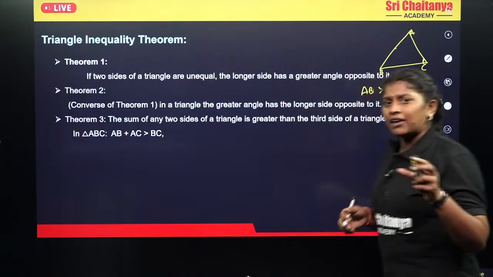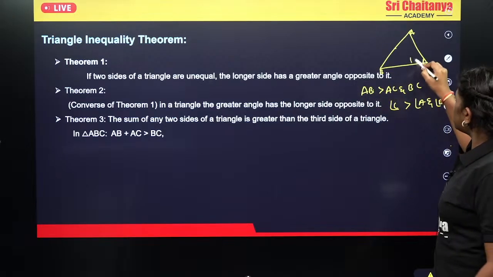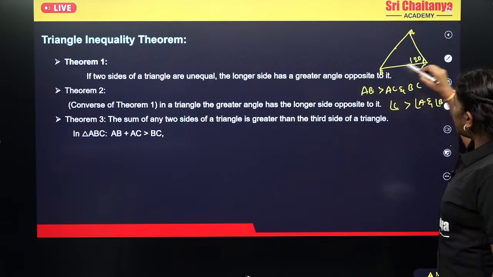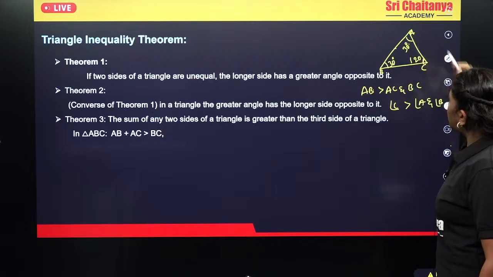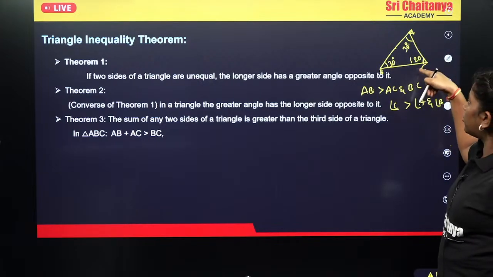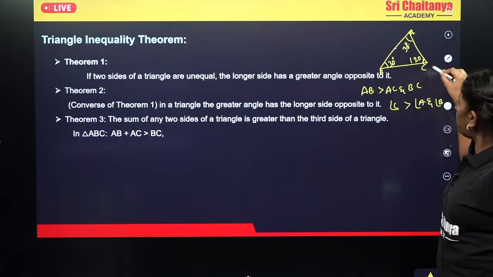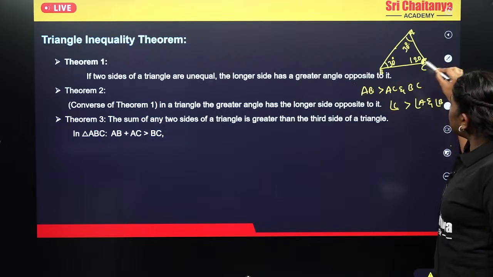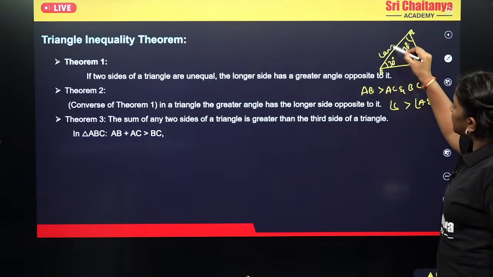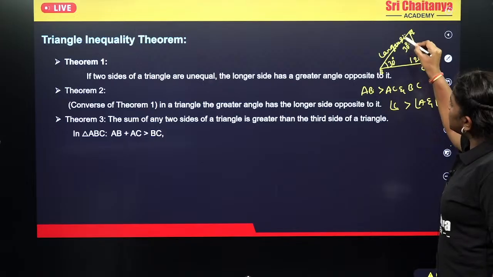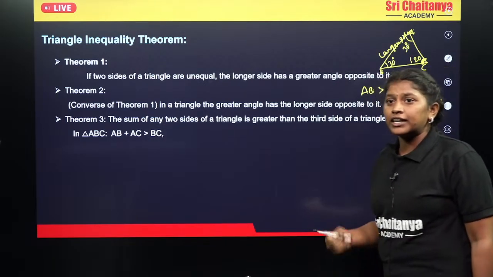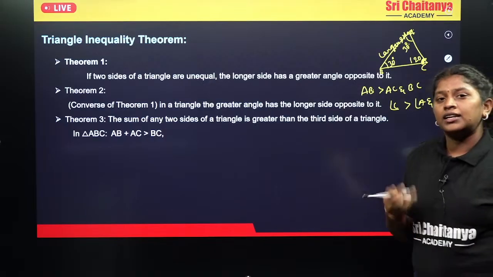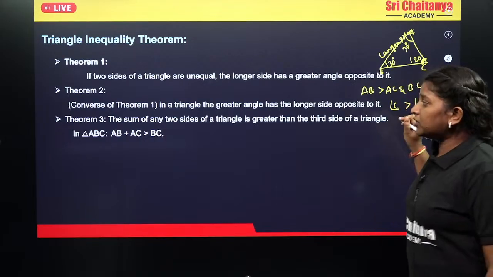Suppose one angle is 120 and the other two are 30 and 30. What is the greater angle here? It is 120. So the side opposite to this greater angle will be the larger side. For the larger side we have the greater angle, and for the greater angle opposite we have the larger side.